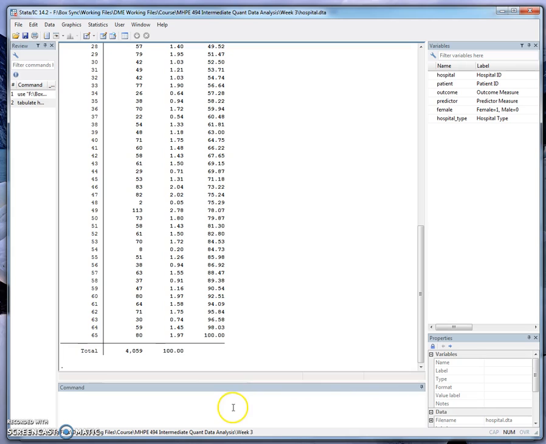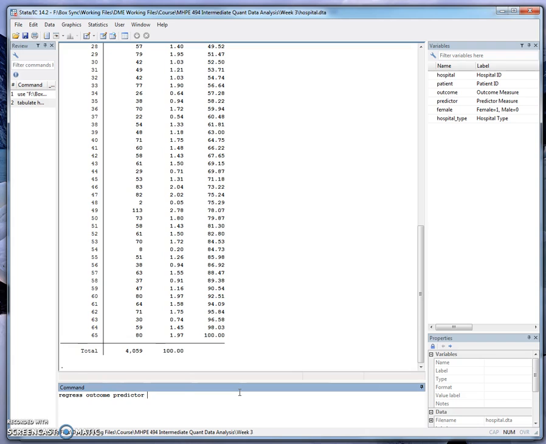So this is certainly a nested data structure, right? If we were to use our usual approach, we would regress outcome, which is your dependent variable, and then your predictor, which is your independent variable.